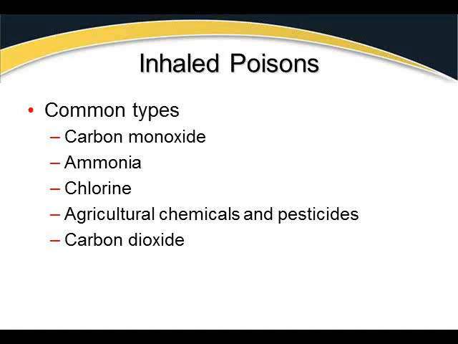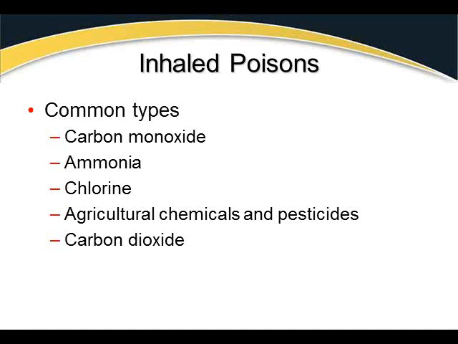Ammonia, and in most cases we're talking household cleanser ammonia as opposed to anhydrous. Now in the agricultural setting, of course, anhydrous is huge. There's a lot of anhydrous around, but a lot of people still use ammonia in their daily cleaning, so that's a problem.